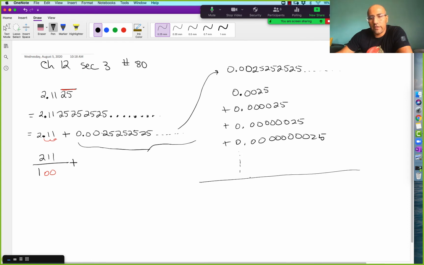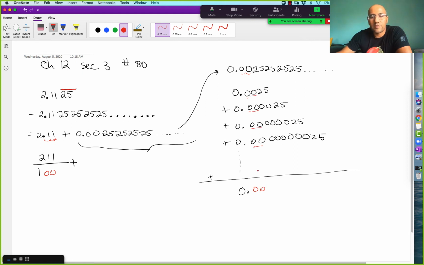Eventually, if I added all of these, I would get 0 point, and then notice that the first term is 0 for all of them following this pattern. The first two terms are all 0 following this pattern.